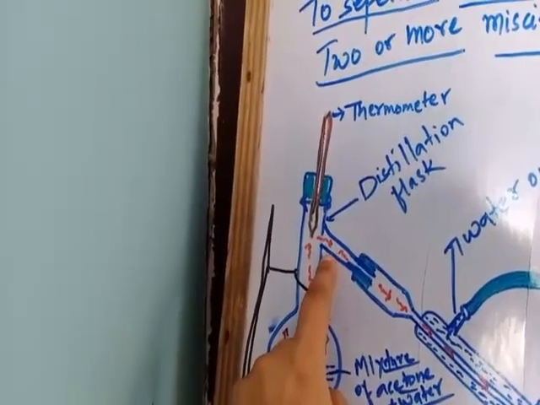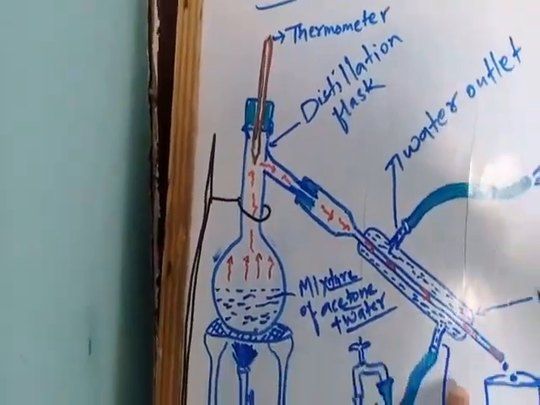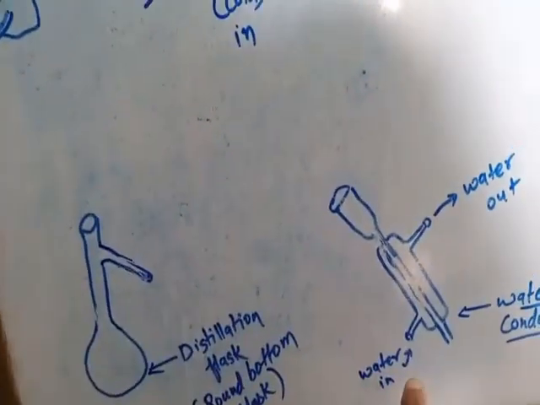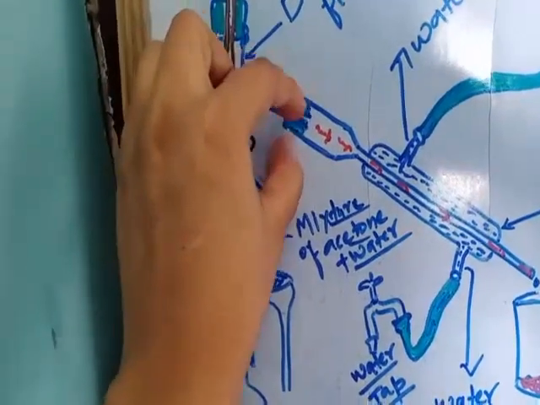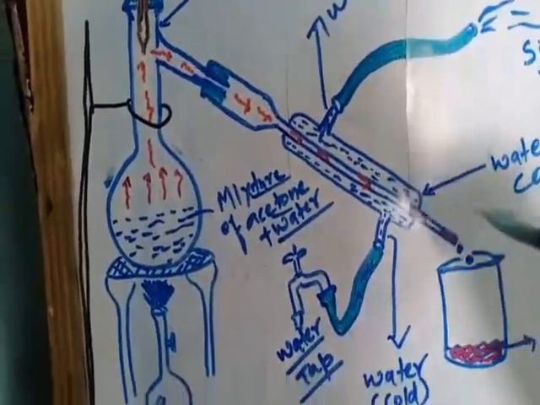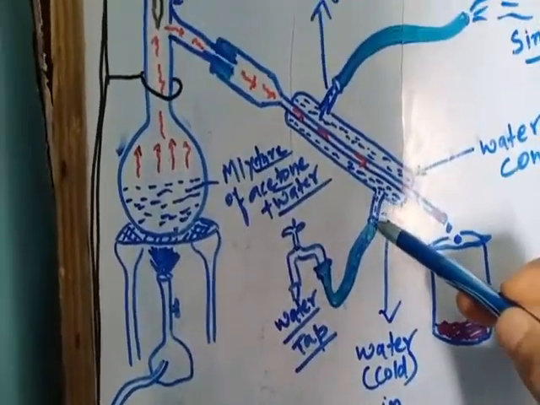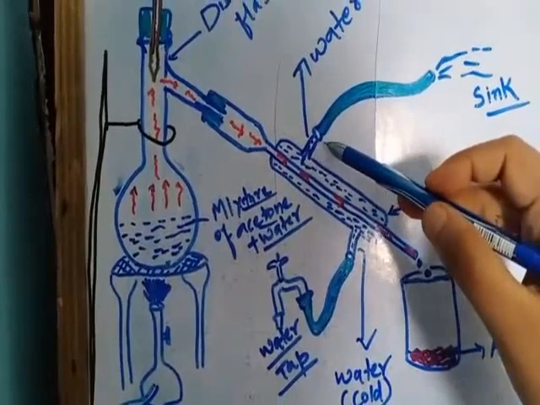Now you can see that this distillation flask is fixed with the condenser tube, as I showed you, through a cork. Okay, and this is the inlet of the condenser chamber and this is the outlet.